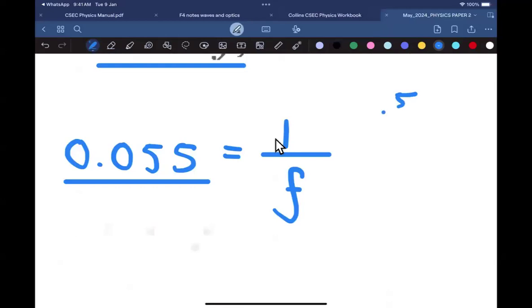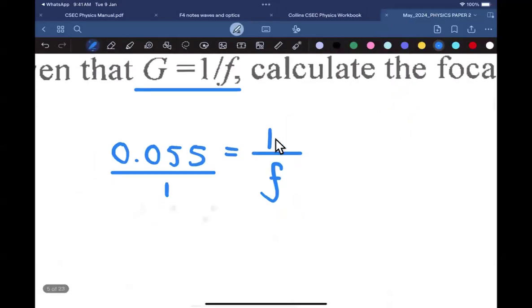I could write 5 as 5 over 1, right? So 0.055 is the same thing as 0.055 over 1. And I want to find F, so I'm gonna flip both sides.